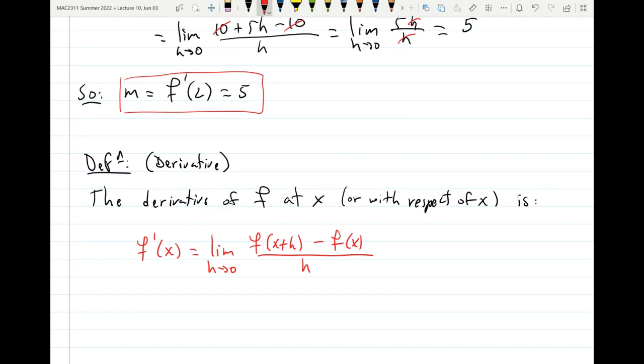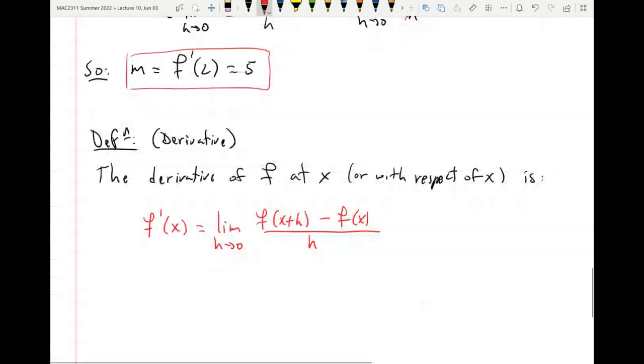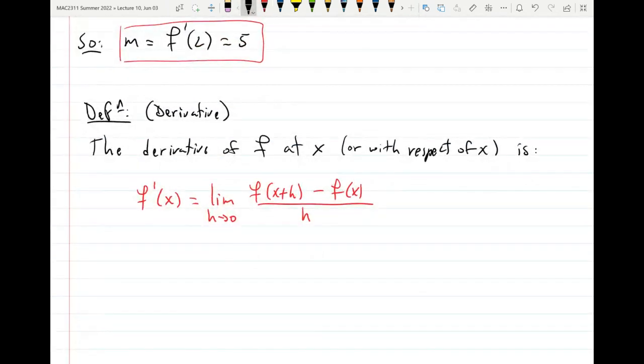So then, of course, once you compute this limit, if it exists, of course. So let me say here, this is the derivative provided that the limit exists. If this limit exists, this would be a function of x.